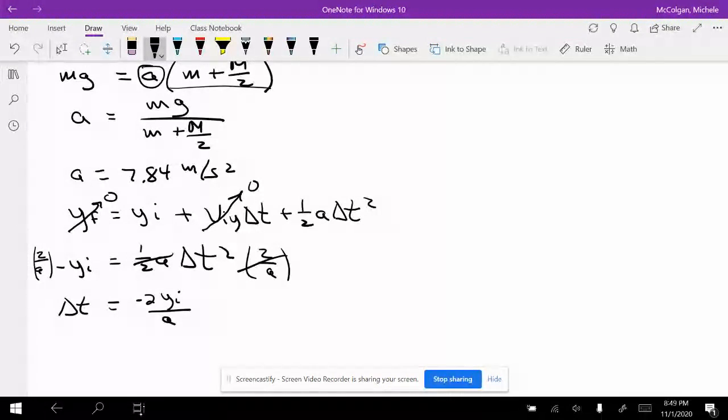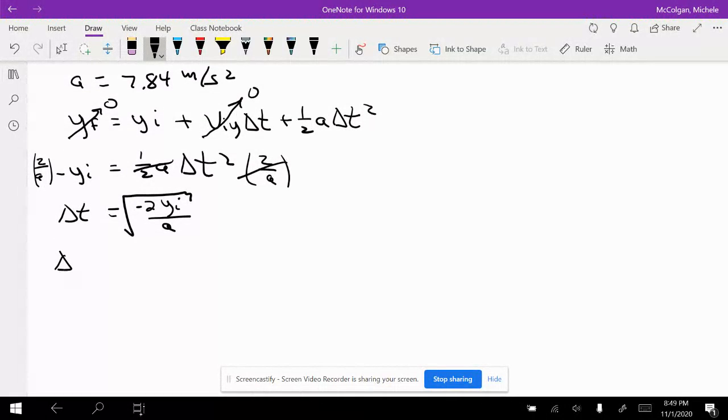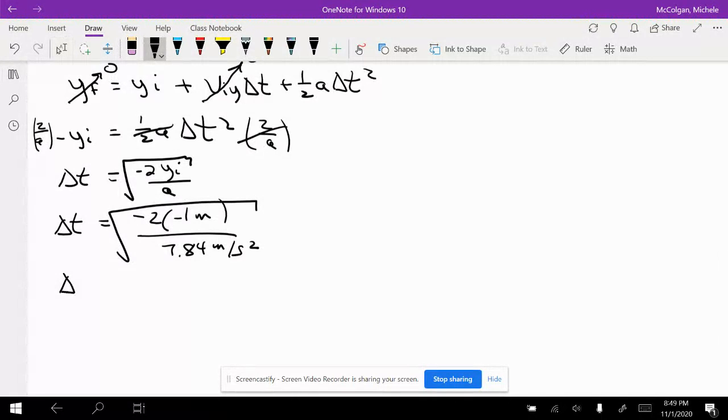Remember my y initial is negative 1 meter, so delta t is equal to the square root of negative 2 times negative 1 meter divided by 7.84 meters per second squared. Therefore the time it takes for that bucket to hit the ground is 0.5 seconds.